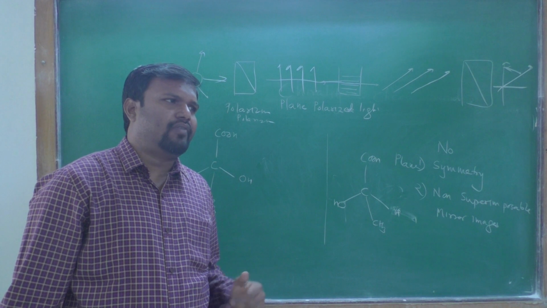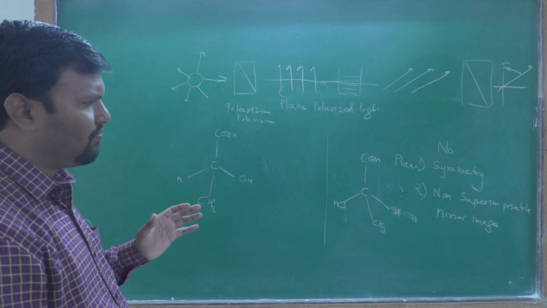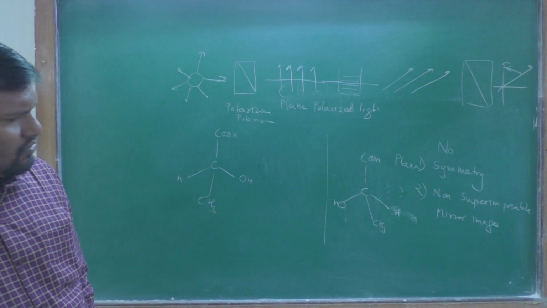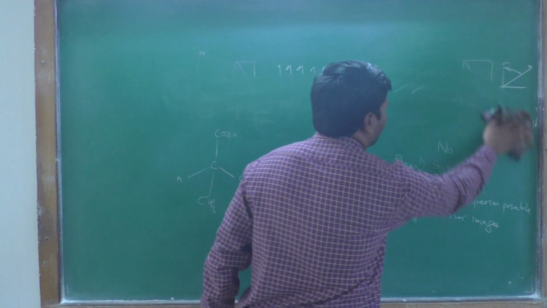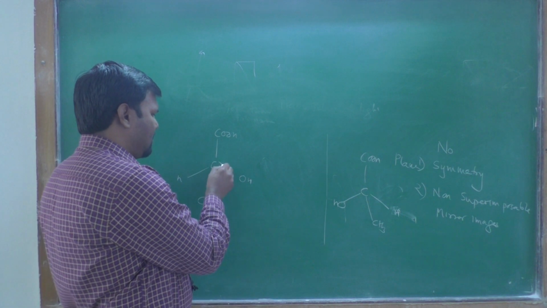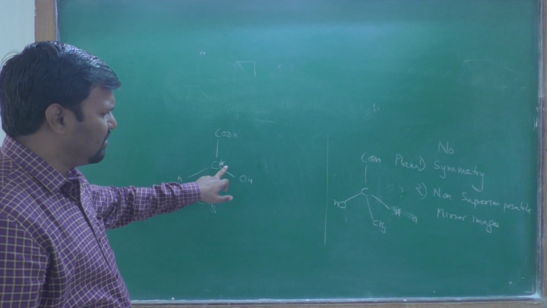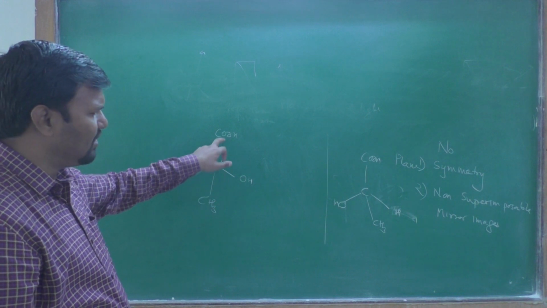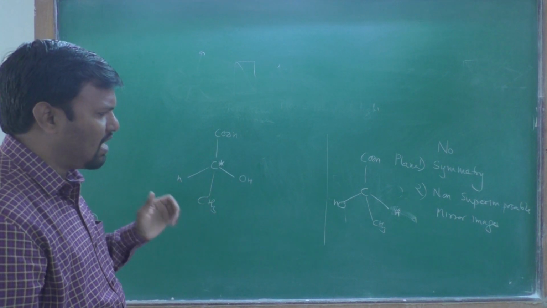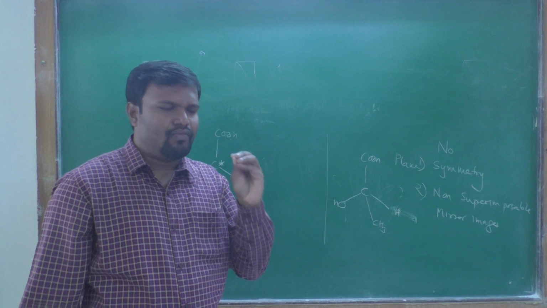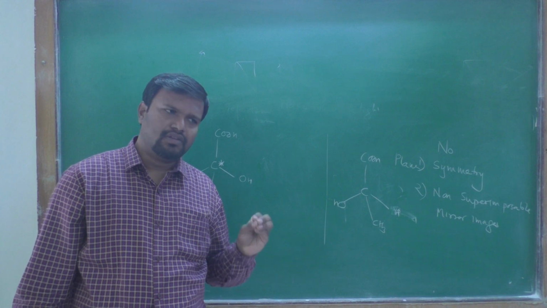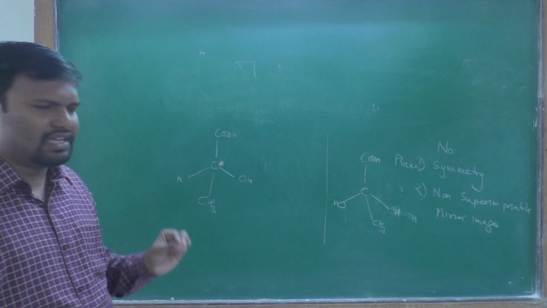Then van 't Hoff, one of the scientists, said that the carbon which has 4 different groups attached, such a carbon is marked with an asterisk sign, is responsible for the rotation of plane polarized light.